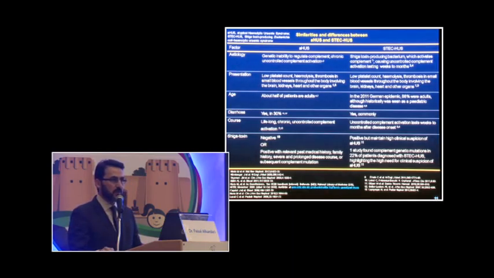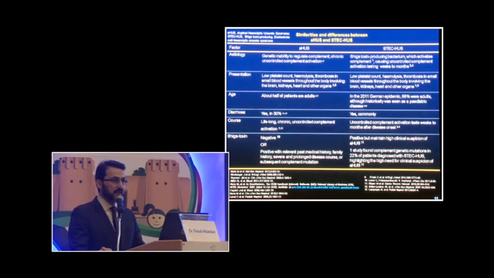Regarding the age, we usually think of hemolytic uremic syndrome to be a disease of childhood. But in reality, about half of the patients are adults in the atypical HUS. And in the recent outbreak of STEC HUS in Germany, more than 80% of them were adults.